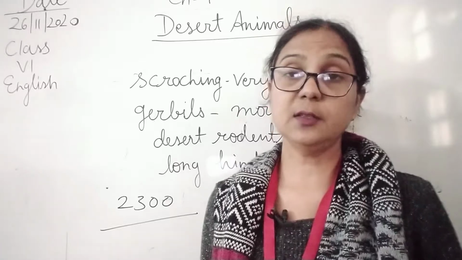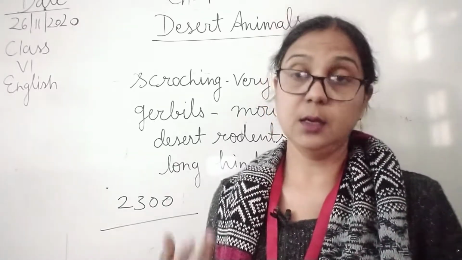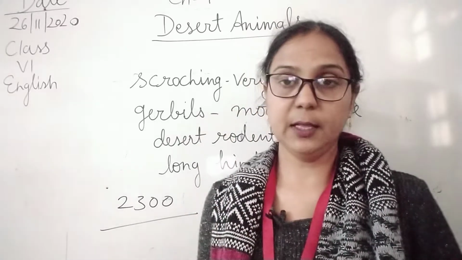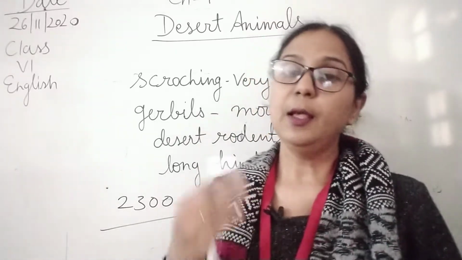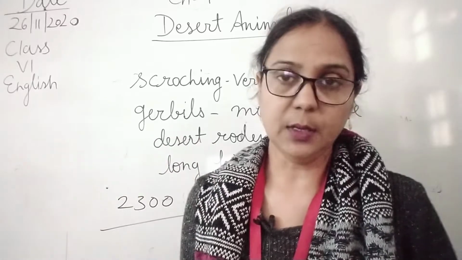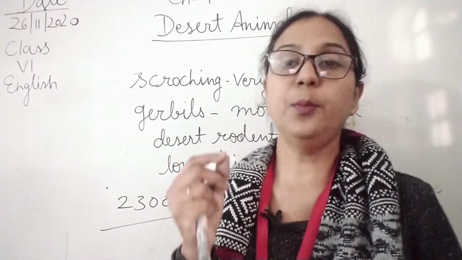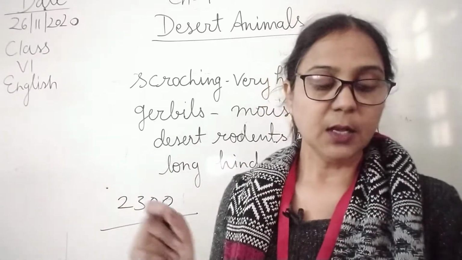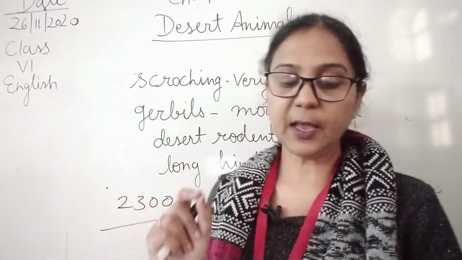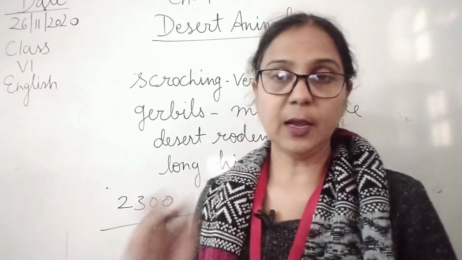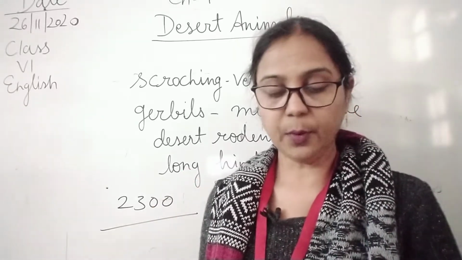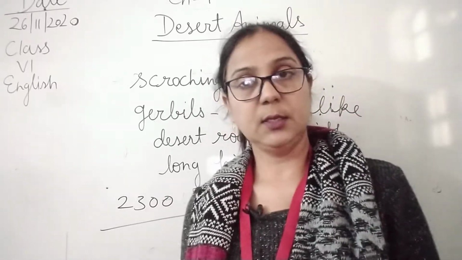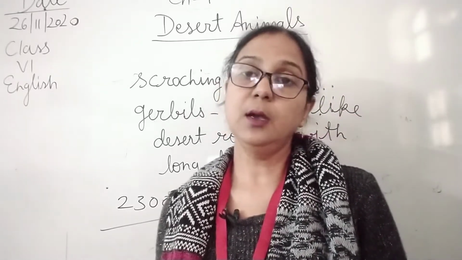Some snakes can swallow insects or animals and digest them by their venom. Venom means it's a poison which you can find in every snake. So rattlesnakes kill their prey with venom. Venom, you can say, is called a poison. So they kill their prey with the venom.